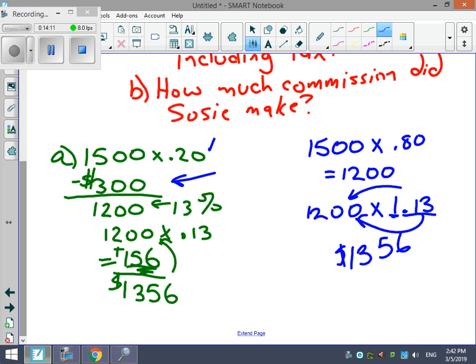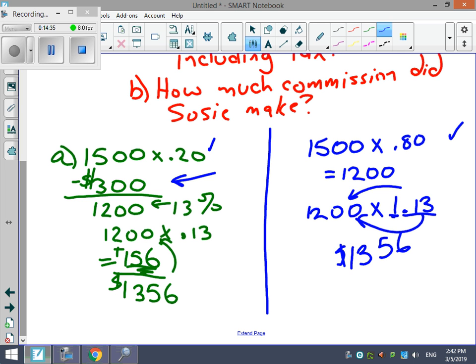And you can see the difference between these two methods. They both have the same information. One involved a little more adding and subtracting, and the one on the right involves you thinking through the question and doing a little bit of logical math. Both of them are right, and both of them will get you the same marks.